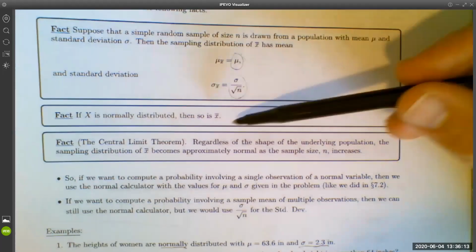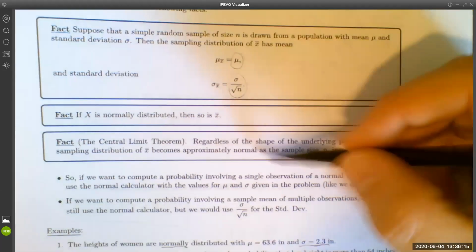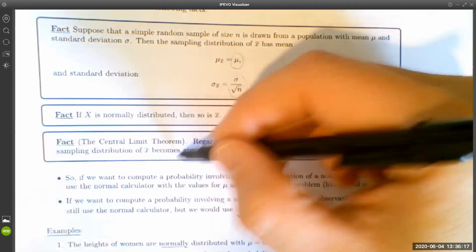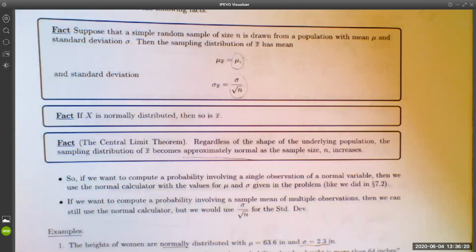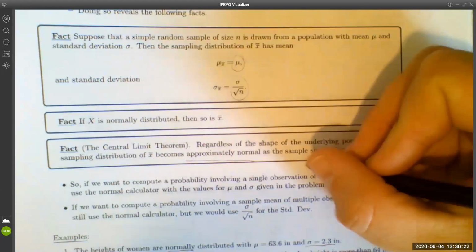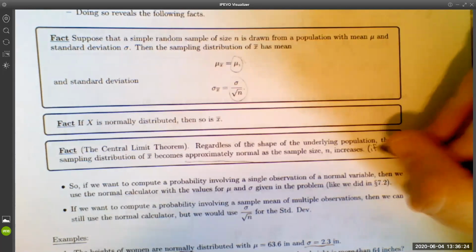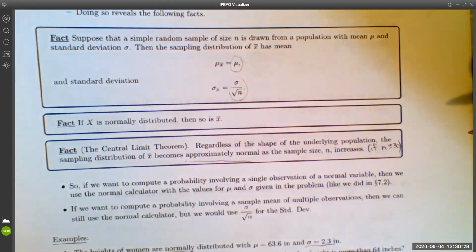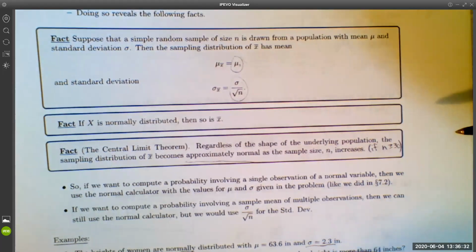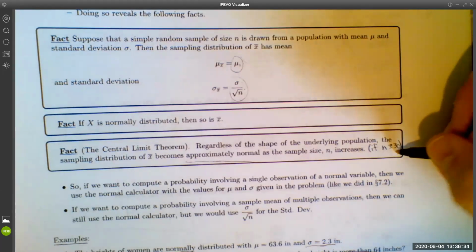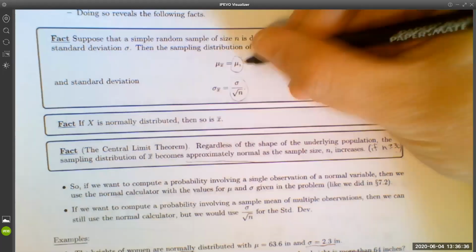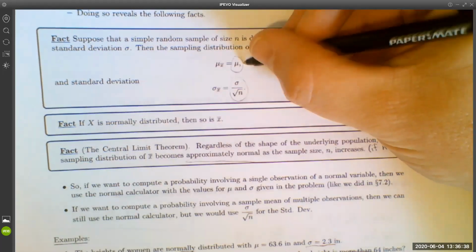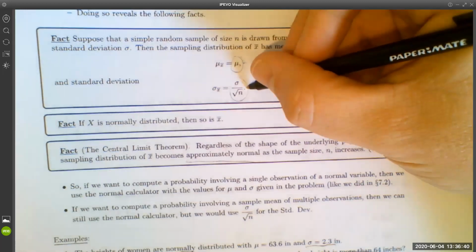The shape of the distribution becomes approximately normal as n increases, and in particular, if n is greater than or equal to 30. So that takes care of the shape. Then there's the center of the distribution, and the spread of the distribution.